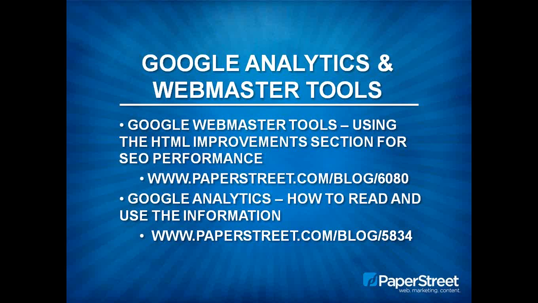Google will scan your site and say, here are errors or warnings or issues you need to be aware of if your website doesn't comply with what they want. You need to pay attention to this to make sure everything is in good standing. Again, our blog number is 6080, and we have a really good blog post about using Webmaster Tools and how to set that up.